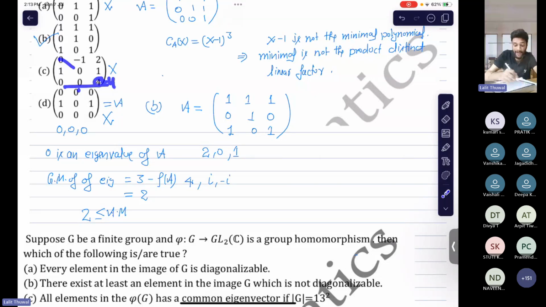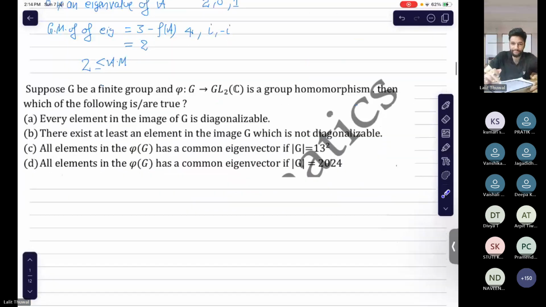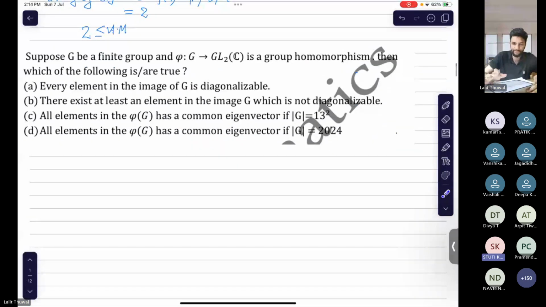That's why the determinant of A minus 4I is 0, because the last column of the A minus 4I matrix is 0. So 4 is an eigenvalue, right? Yes, sir. Thank you, sir. And for i and minus i being eigenvalues, did you get that? Yes, sir. Okay, so let's move to the next question.